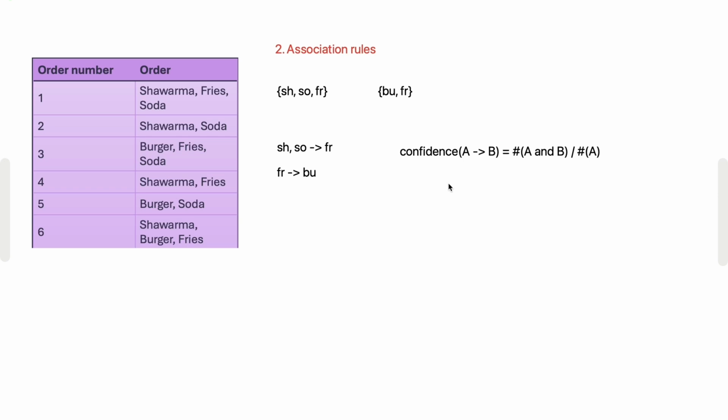So let's start with fries and burger. I think that might be a bit easier. So if we start with fries and burger, we see here, if I change the color here, that we have fries 1, 2, 3, 4 times, okay? So the number of fries would be 4.